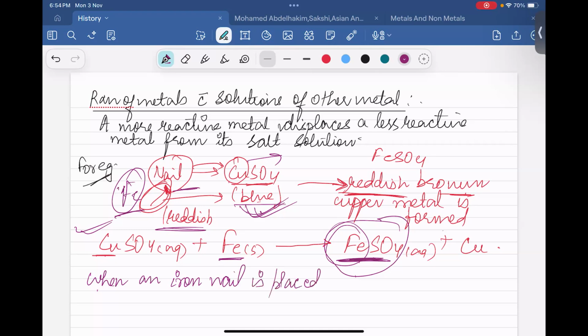In the example, this means reaction of a metal with a solution of other metals. Copper sulfate is a whole solution, so iron is reacting with copper sulfate.